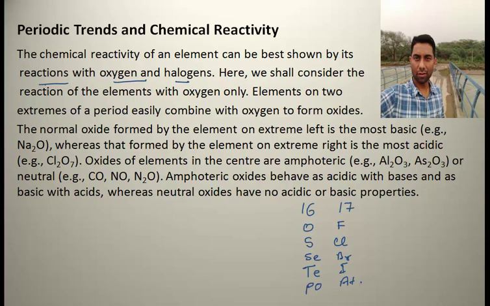Now we will take into consideration the reactions of some of the elements with oxygen, right? Likewise, they will combine with halogens also, but our focus will be on oxygen. Elements on two extremes of a period, again left and right side of the periodic table, easily combine with oxygen to form oxides, right? So oxides will be formed.